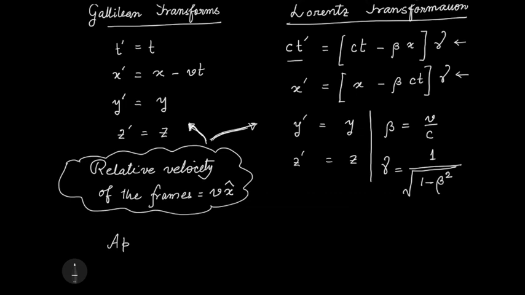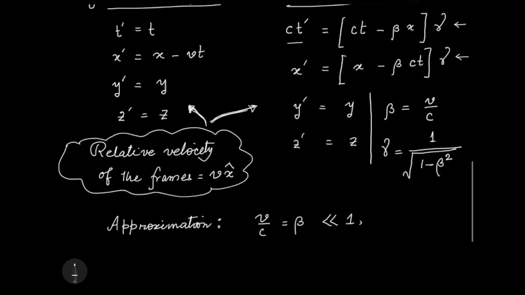And the approximation is when, in our everyday life, we never deal with a velocity which is anywhere close to the speed of light. So if I consider v by c, which we also called beta, is much less than 1, then let's see what happens. What happens to gamma? Well, beta is much less than 1, so I can forget beta with respect to 1, so gamma is just 1.